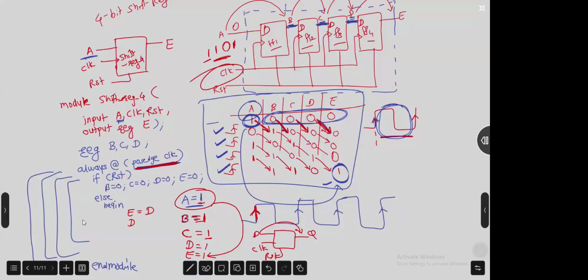D gets the value of C, then C gets the value of B, and B gets the value of A. Now check what is happening. Let's assume my input A is 1 and the initial state of all registers is 0. That means D is 0, C is 0, B is 0, and for A, let's assume I am initially providing 1. So these are my initial conditions.